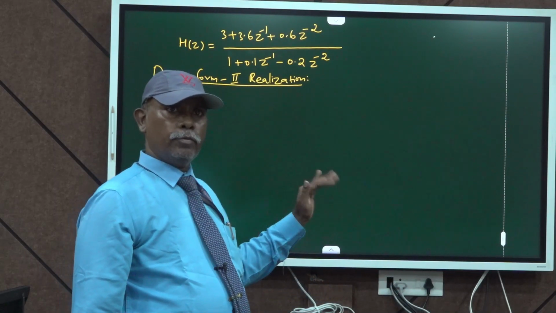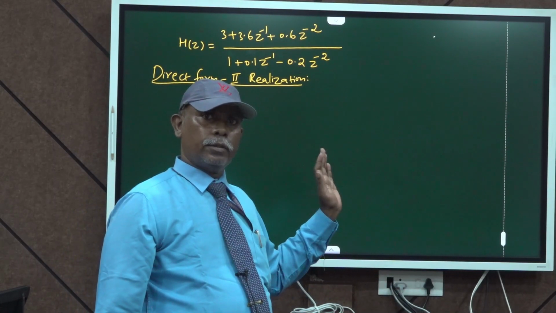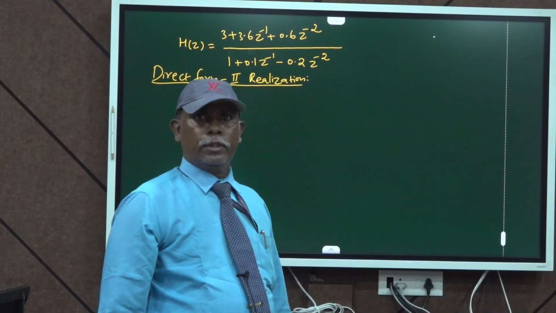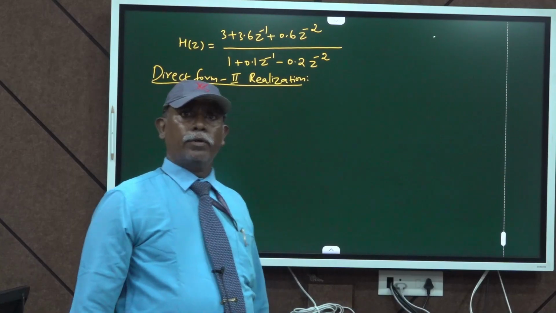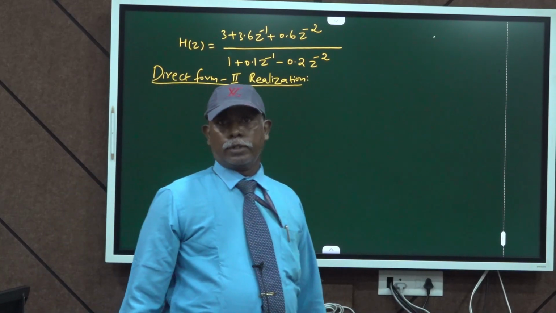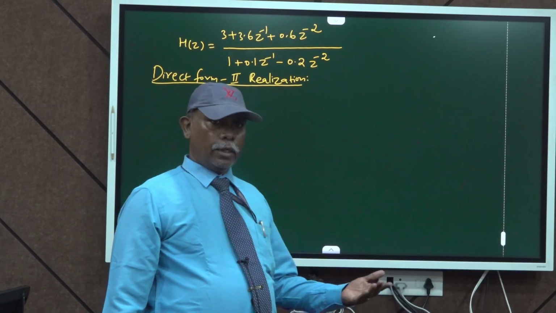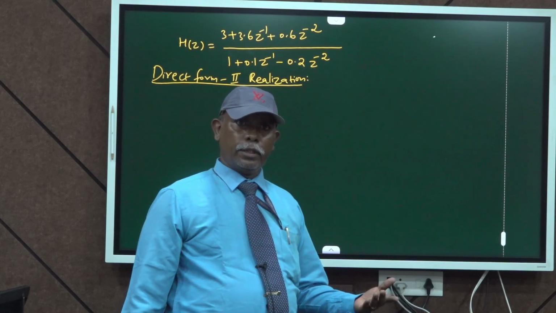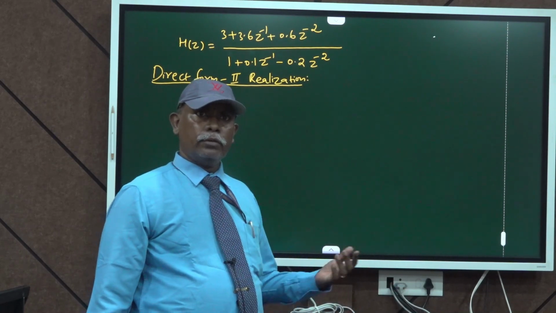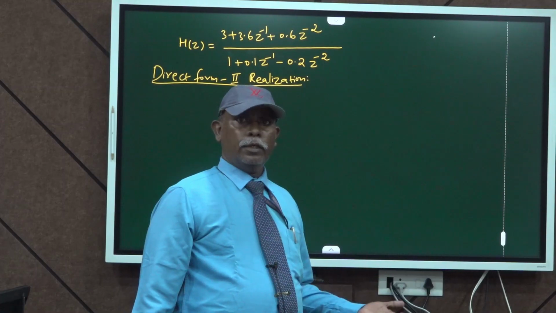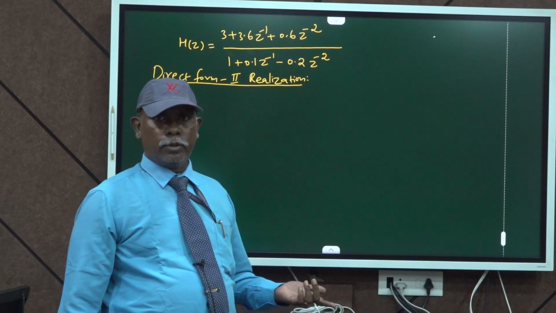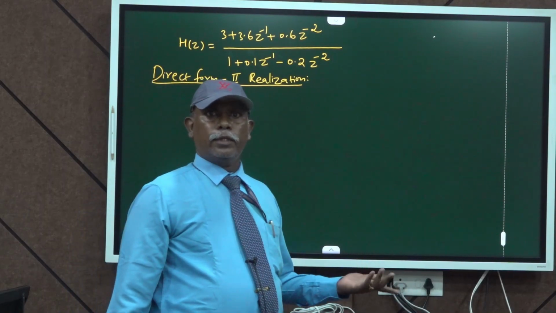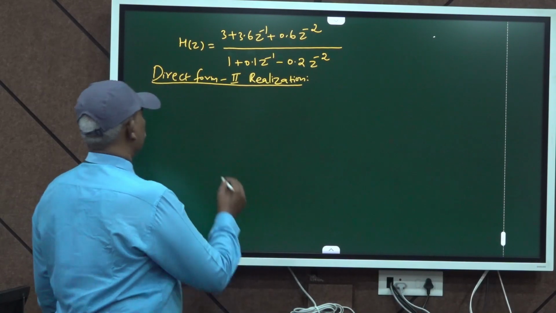Of the numerator and denominator, the maximum number of delay elements should be chosen in the center side. That is the difference between the previous one and the present one. In diaphragm 1 realization, the center side has 2 orders. Now the orders are on the input side itself and the output side itself, and only delay elements should be in the center side. Then we construct the diaphragm 2 realization.